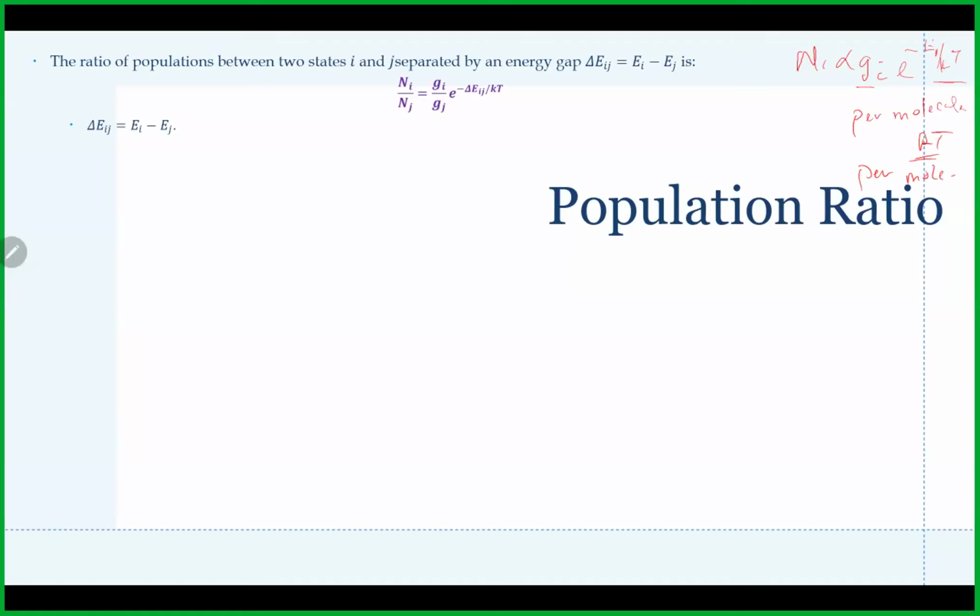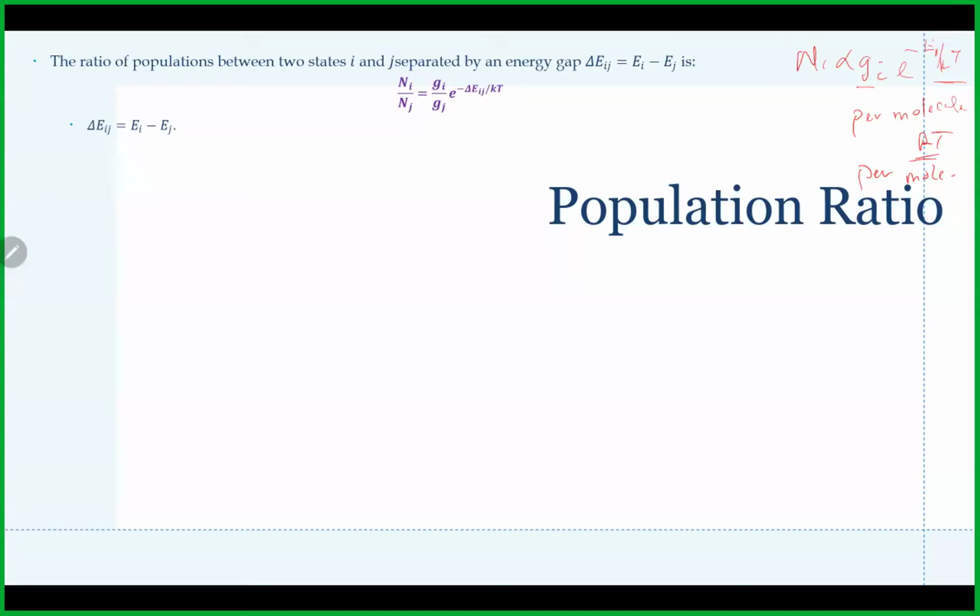So population ratio is the ratio between two states i and j. It's often used to determine absorption and emission intensity. So you're looking at the number of molecules in two related system levels, not necessarily with the whole system, because you may not necessarily be interested in the population of a particular state.